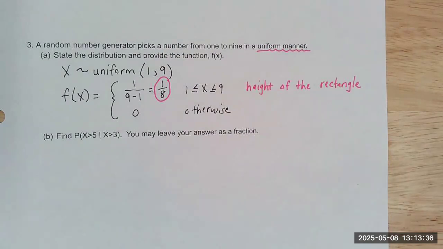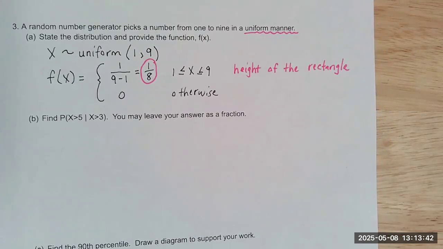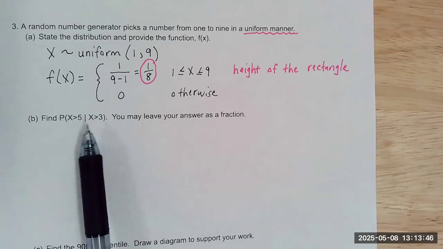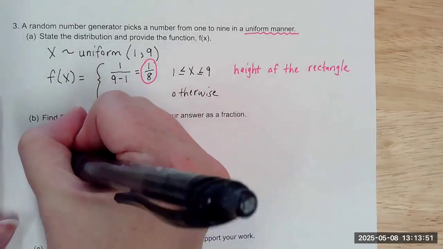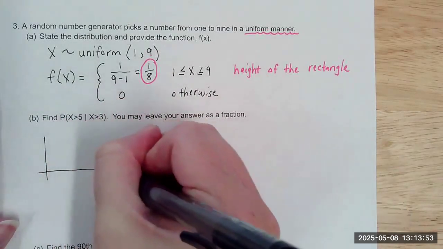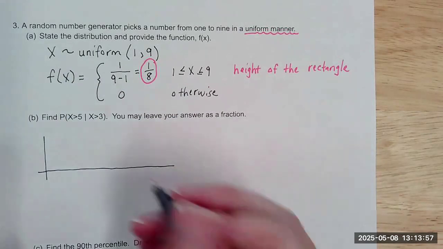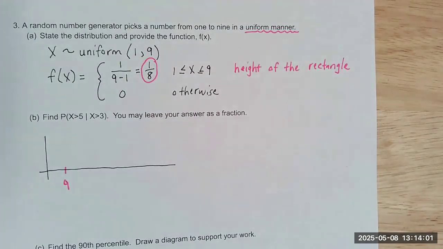Cool. So for the next part, she had formulas, but I always do this just by drawing the rectangles. It says, find the probability, given x is greater than 3, that x is greater than 5. So if I draw you a rectangle, that rectangle goes from 1 to 9.